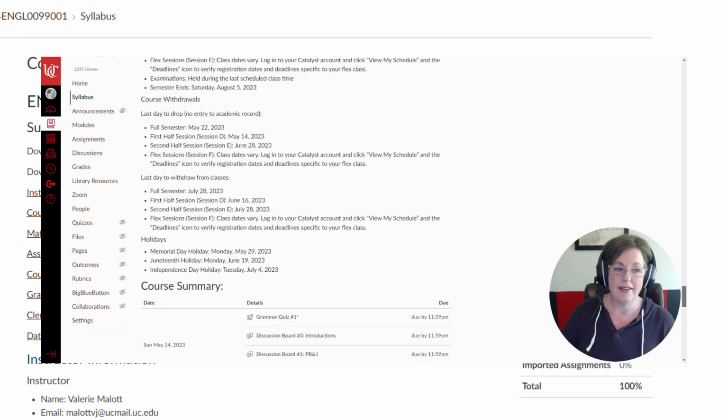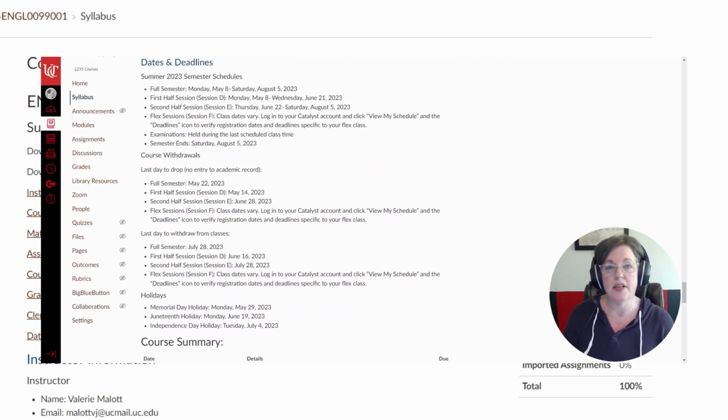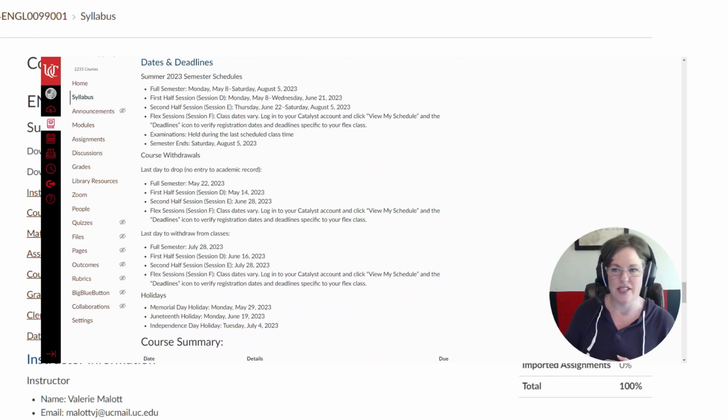Then at the end, there's this long list of dates and deadlines that I haven't amended, but most of them won't apply to you because you're taking a full semester class, but they also include dates for the first half session or the second half session or flex sessions. So a lot of those dates don't apply to you, and it just takes up a lot of room.